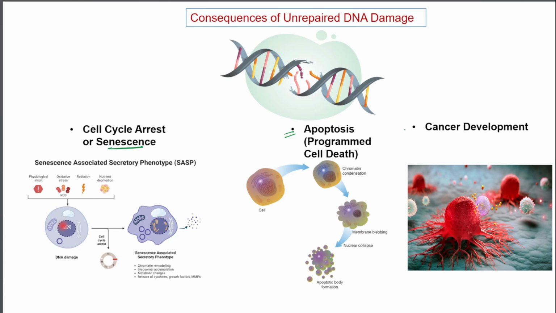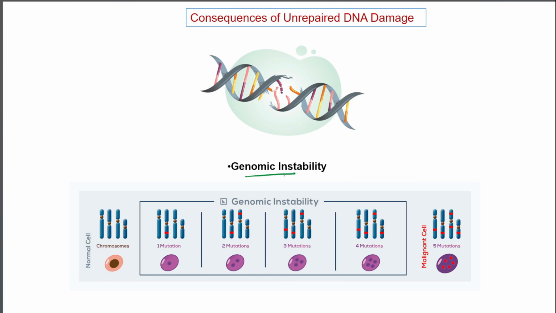And another is cancer development, where DNA damage leads to uncontrolled cell division and genomic instability. Genomic instability refers to an increased tendency for mutation, chromosomal rearrangement, or structural abnormalities to occur in the cell genome, that increases cancer development and also other diseases.